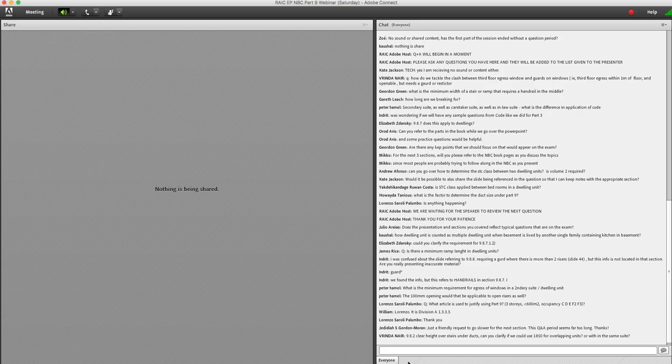I have a question here on secondary suites. It's stated secondary suite as well as caretaker suite as well as in-law suite. What is the difference in application of the code? Not quite related to what we were talking about, but certainly we can address it. Secondary suites are suites that are required to have a suite fire separation in addition to other requirements. The definition of a secondary suite is a defined term, and it means a self-contained dwelling unit. So those requirements we had for dwelling units, essentially a kitchen, a washroom, bedroom space.